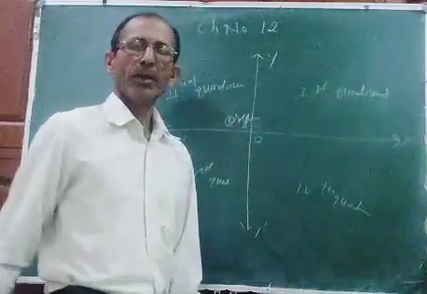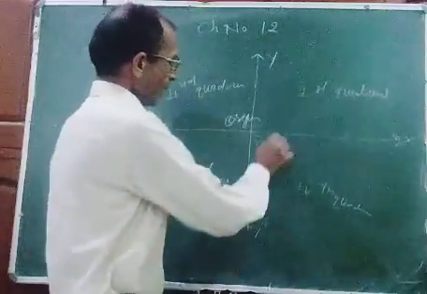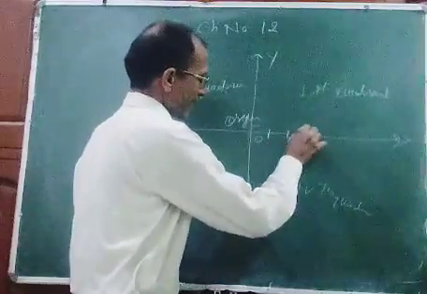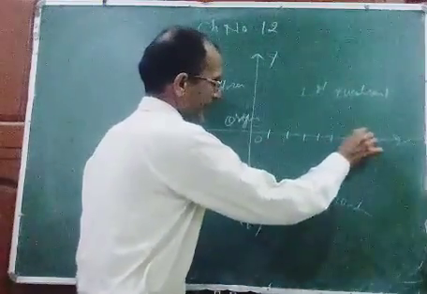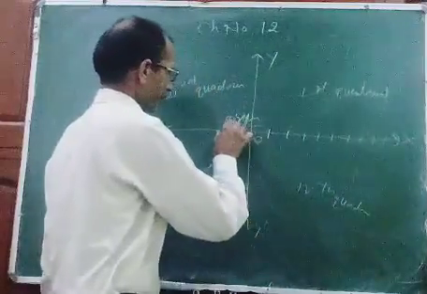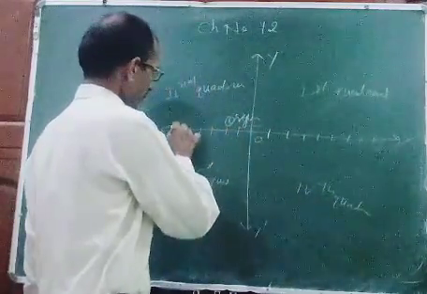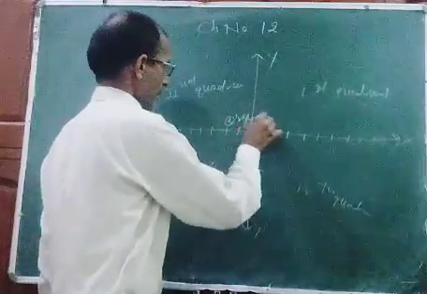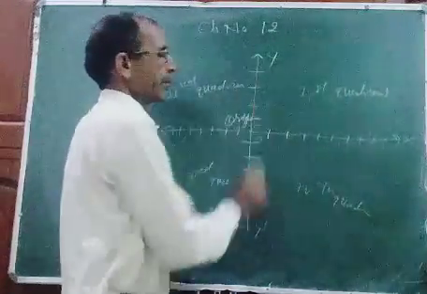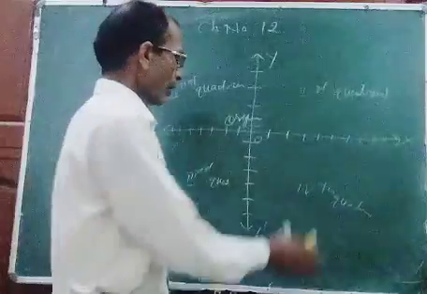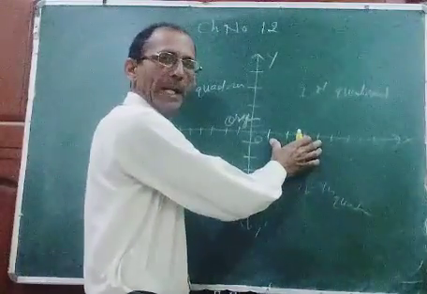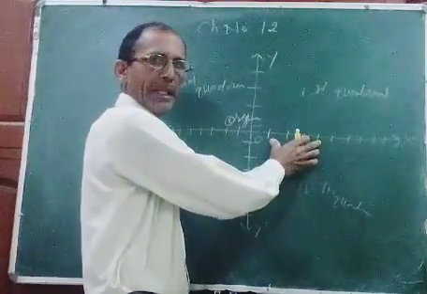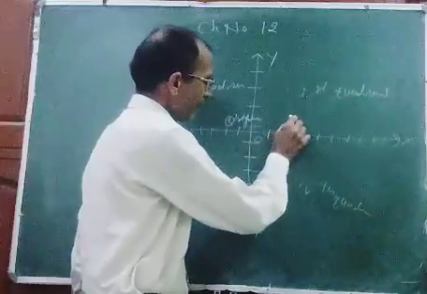This is called the origin. At equal distance, mark the points.